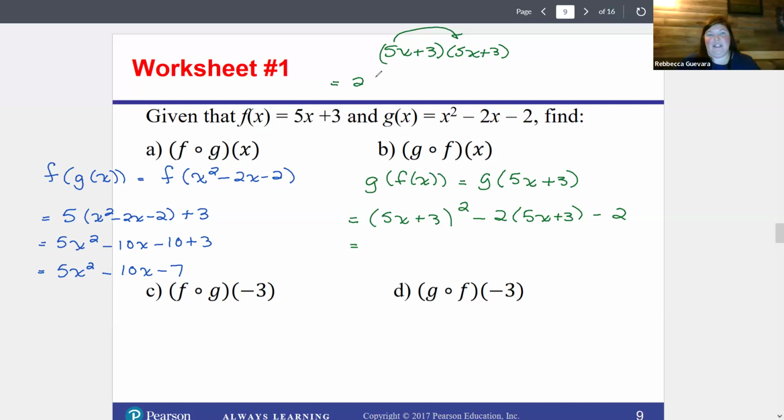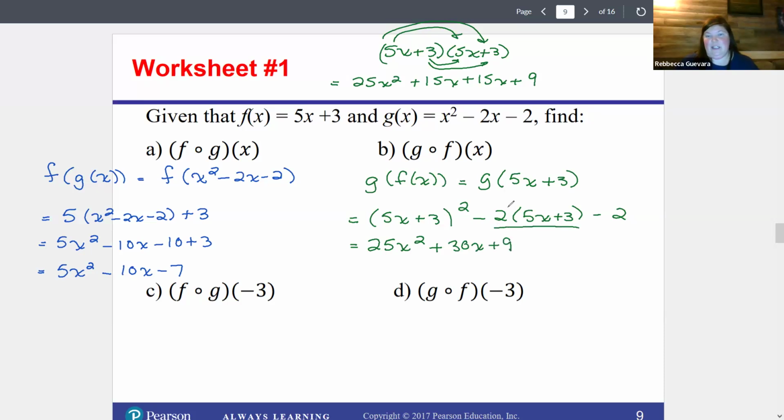5 times 5 is 25x squared. 5 times 3 is going to be 15x. 3 times 5x is once again 15x, and 3 times 3 is going to be 9. So altogether, this will turn into 25x squared. Add those 15s, we get 30x plus 9.